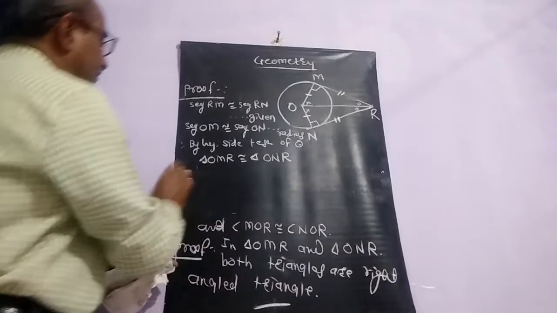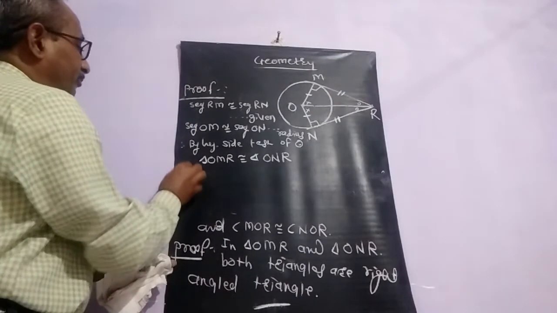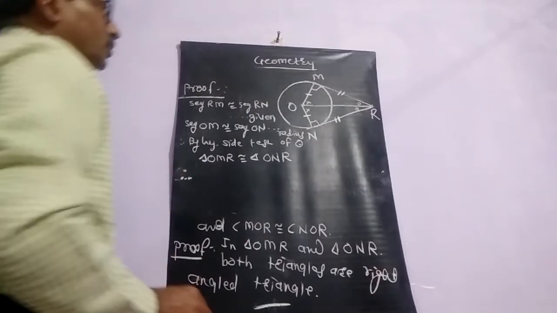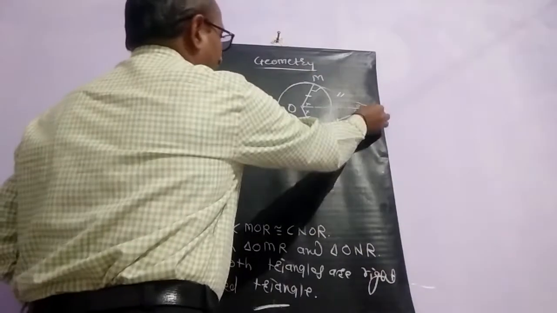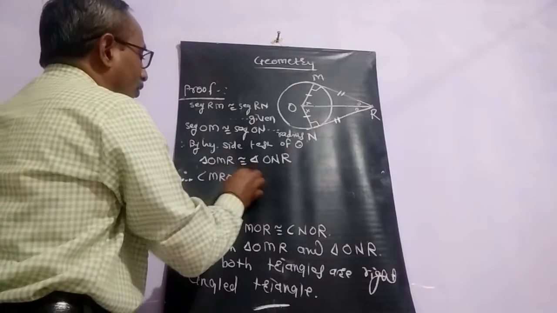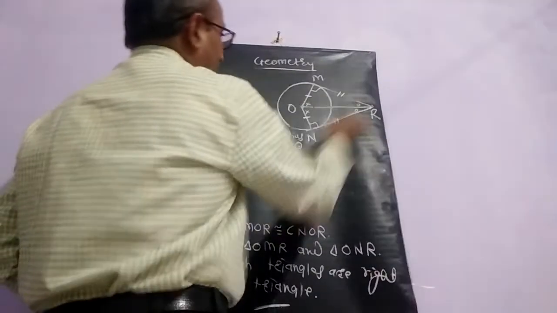Which are the remaining parts, segments or angles, that are congruent? So here angle MRO congruent angle NRO.